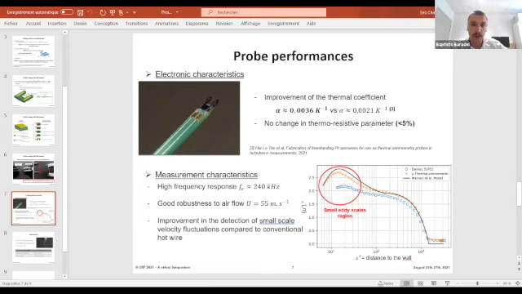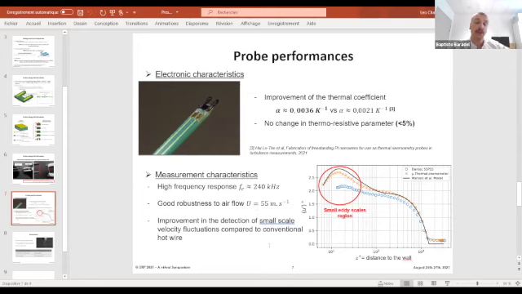The most important is the measurement characteristic of this microanemometer. Here we put forward a high frequency response, with a cutoff frequency 4 times superior to commercial probes, and also with good robustness to airflow. Actually, no breakage appeared under 50 meters per second, but we didn't reach the breakage speed, so we will see later.